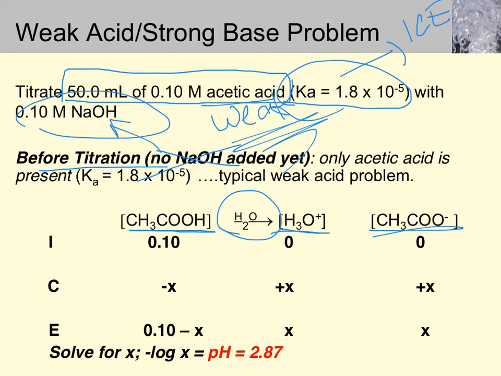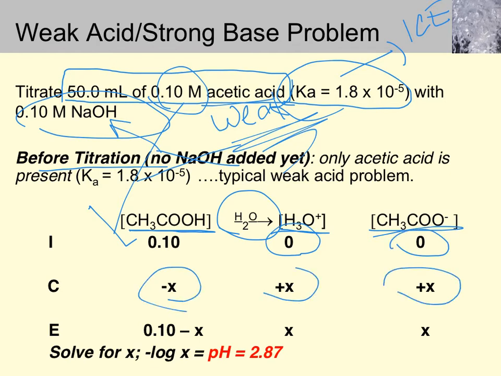Okay? Set up your ice table like you learned in the last chapter. No tricks here. Original concentration of the weak acid. In the beginning, assume none of the dissociated form. Use your X's. Okay, this is a 1-to-1-to-1 stoichiometry. And go ahead and plug into your Ka value.